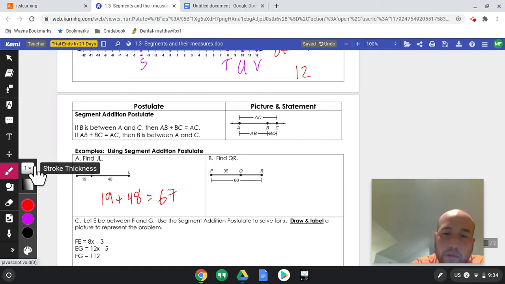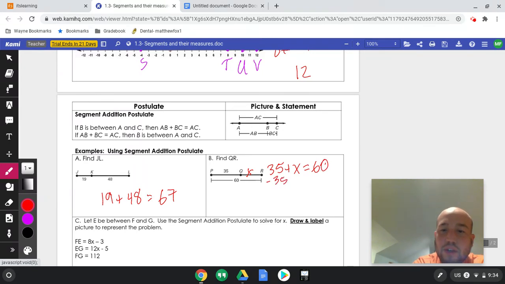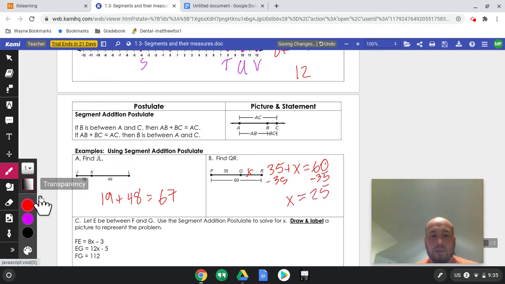The other option, if I plug in an x there, do 35 plus x equals 60, and I'll subtract the 35, just like many of you probably noticed. If I subtract that and get x equals 25, okay, and that will be my answer to that question. Now this next one asks us to set up the segment addition postulate, okay.